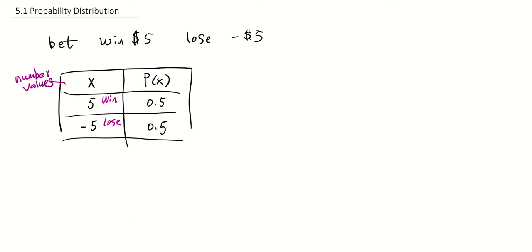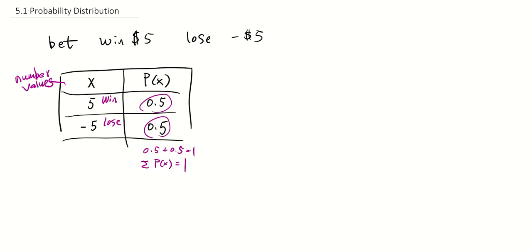The second condition is for P of X: the sum of all the probabilities needs to be 1. So in our case, you have 0.5 plus 0.5 is equal to 1. It also satisfies that condition. In other words, the sum of P of X needs to be equal to 1.